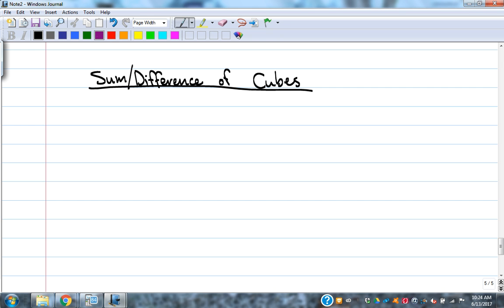All right. So sum and difference of cubes. If it's a sum of cubes, like x cubed plus y cubed, it's got something cubed plus something else cubed. The pattern is, you've got a short factor and you've got a long factor. Here's the way that I always remember it. The short factor is the same.